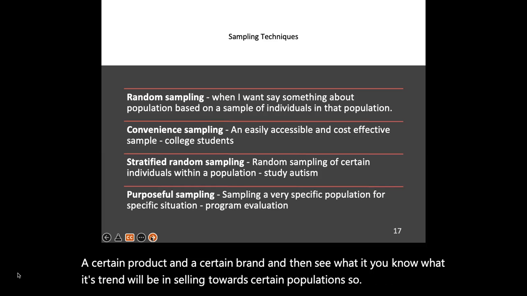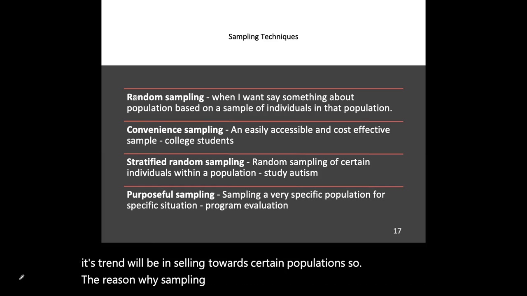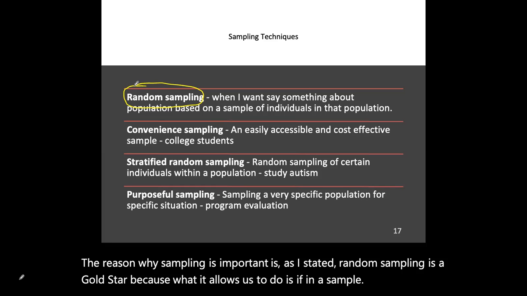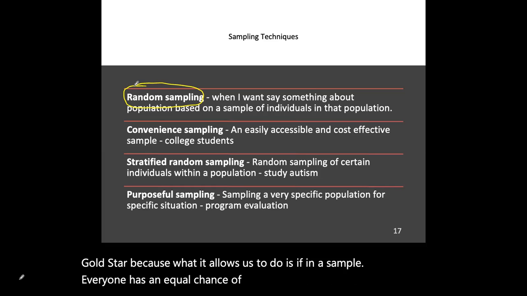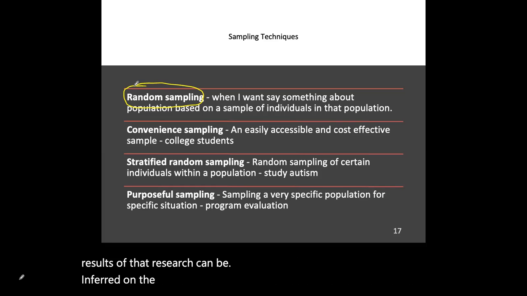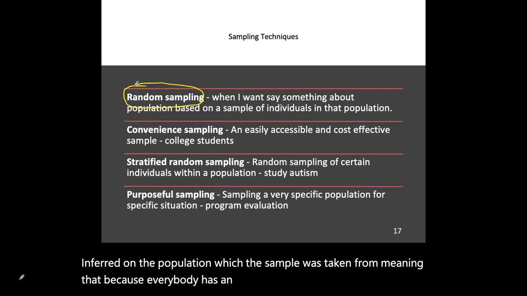So the reason why sampling is important is, as I stated, random sampling is a gold star, because what it allows us to do is, if in a sample everyone has an equal chance of being selected, then that means that the results of that research can be inferred on the population which the sample was taken from, meaning that because everybody has an equal chance, statistically, the sample represents the population.